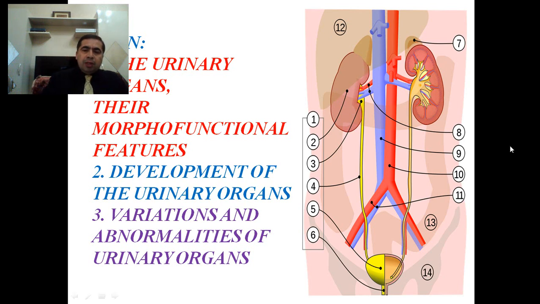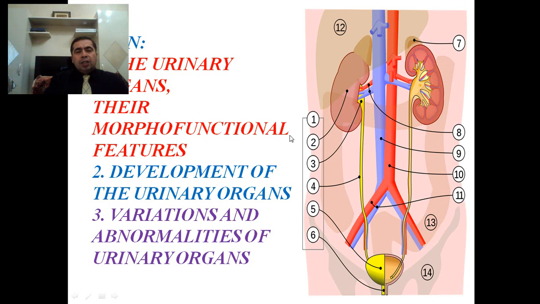Look at this picture, please. The urinary organs form the urinary system. This system includes the two kidneys, paired organs, right and left kidneys, a right and left ureter, the unpaired urinary bladder, and the unpaired urethra.